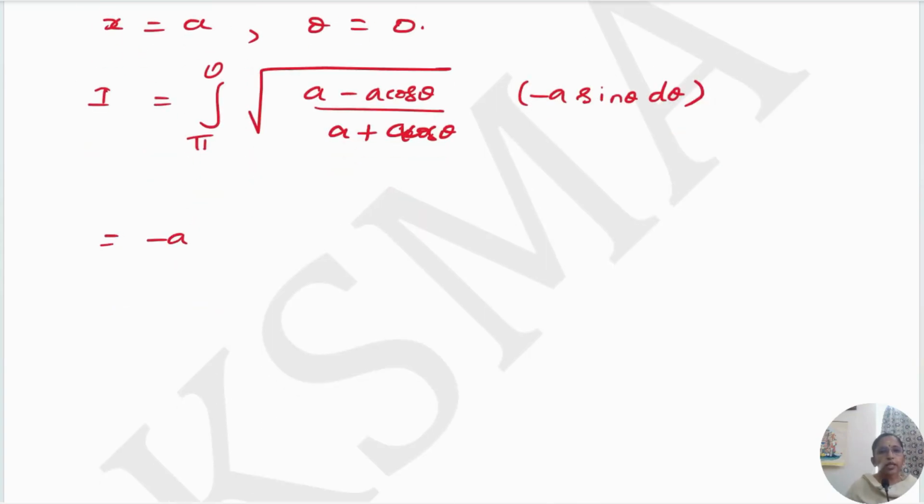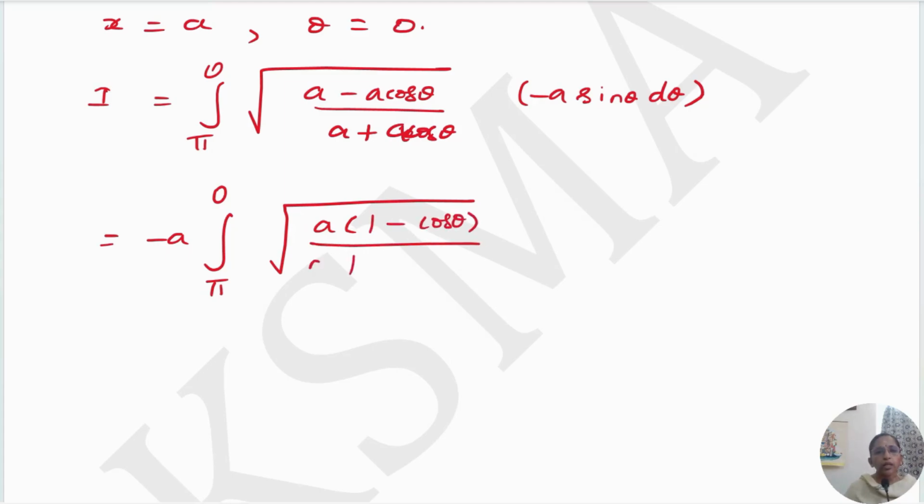So you can take minus a outside, pi to 0 integration. Within the root take a common, (1 minus cos theta) by (1 plus cos theta), and sin theta can be written as 2 sin of theta by 2 cos of theta by 2 d theta. And here this will get cancelled.